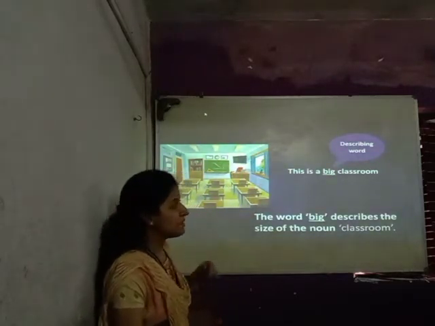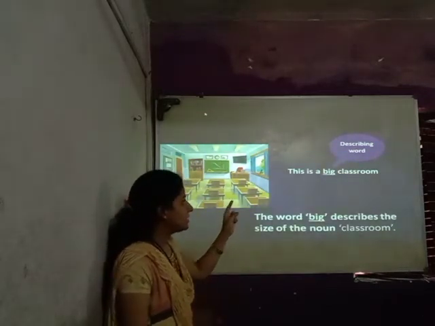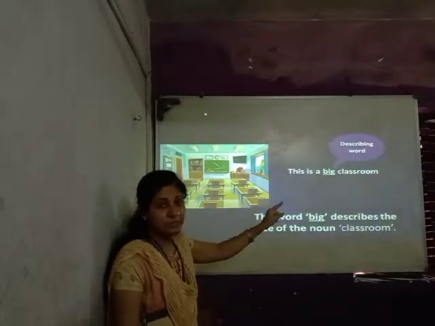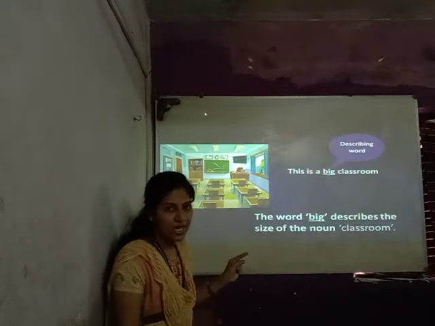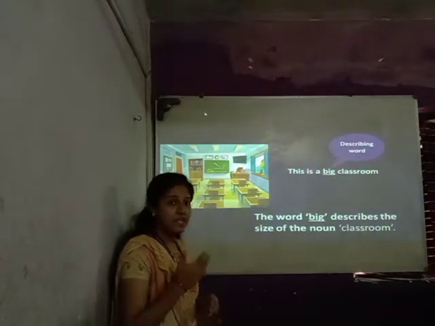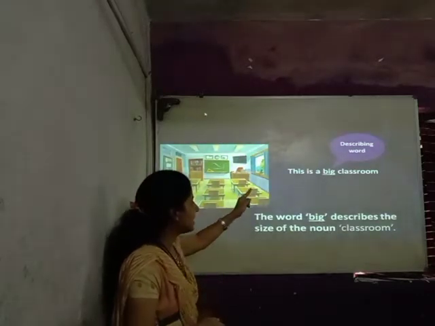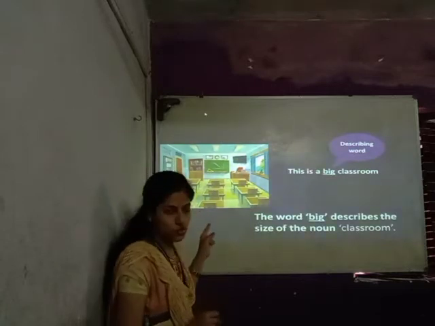Which is the describing word in this sentence? Big. So, big is a describing word. And what does it describe? It describes the classroom. So, classroom is a naming word or a noun. The word big describes the size of the noun classroom.